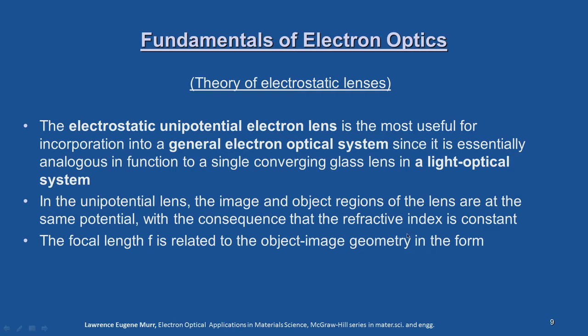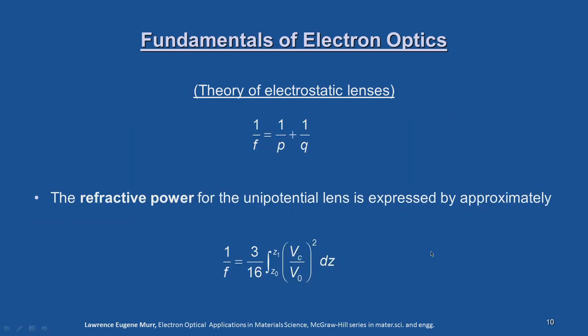So, as I just mentioned, the focal lengths in the front and back focal planes are the same. So, the focal length f is related to the object image geometry in the form 1 by f is equal to 1 by p plus 1 by q.